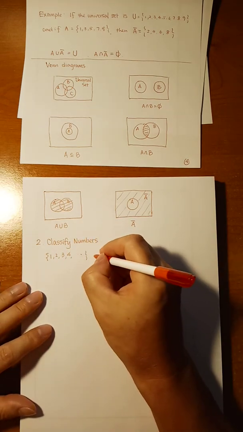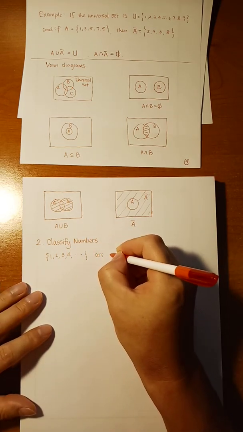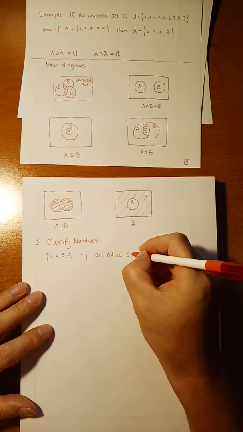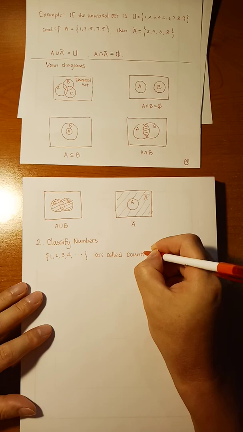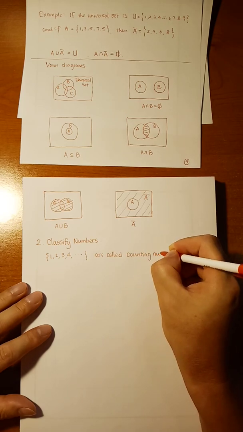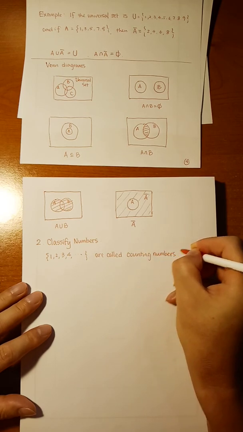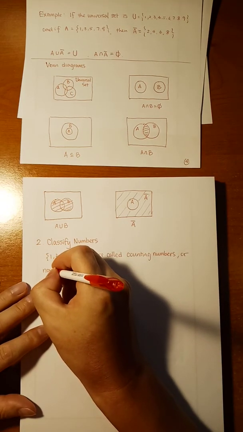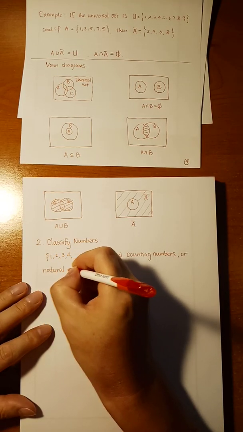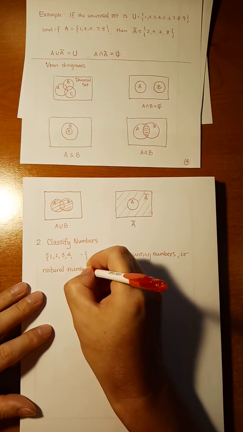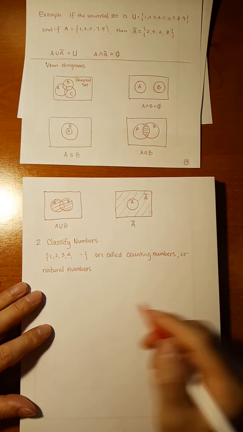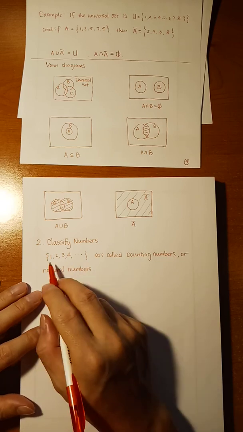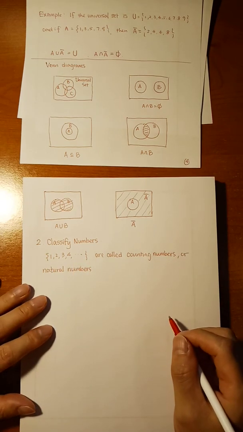They are either called counting numbers or natural numbers. So sometimes you will hear natural number. Natural number just means 1, 2, 3, 4, 5.